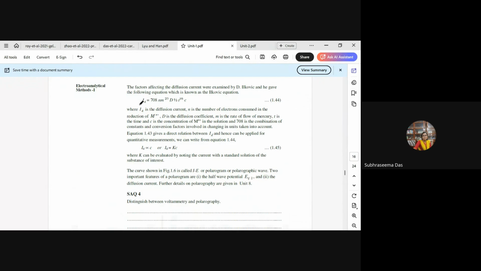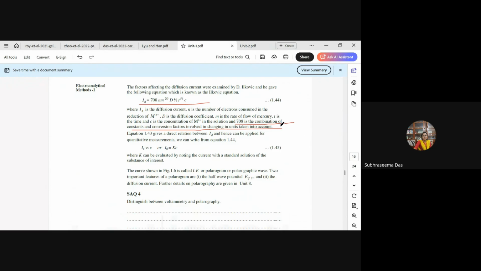Id is the diffusion current, small n is the number of electrons used in the reduction of Mn+, capital D is the diffusion coefficient, small m is the rate of flow of mercury, t is the drop time, C is the concentration, and 708 is a combination of different constants and conversion factors used in this equation.